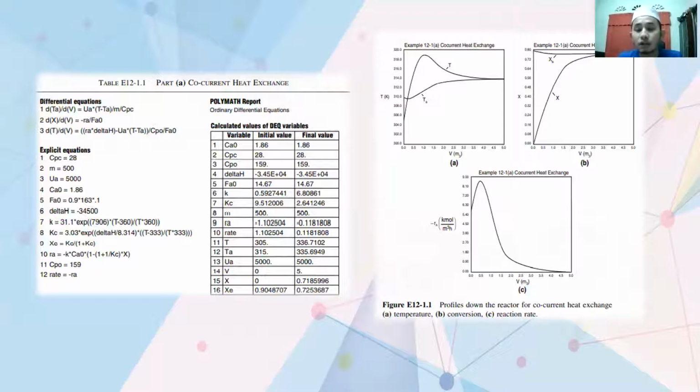XE goes further away from X, because X, the real conversion, moves from the zero value to the same value as XE at some point. For the reaction rate, at some point it will be at maximum, around 0.5 to 1.0. Assume it is 0.7, but after that it will be consumed down to the last of the reaction. So next.